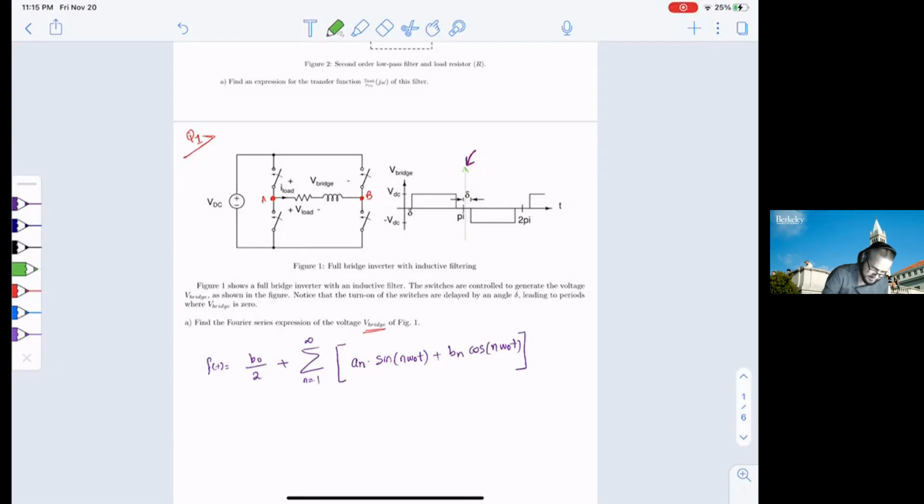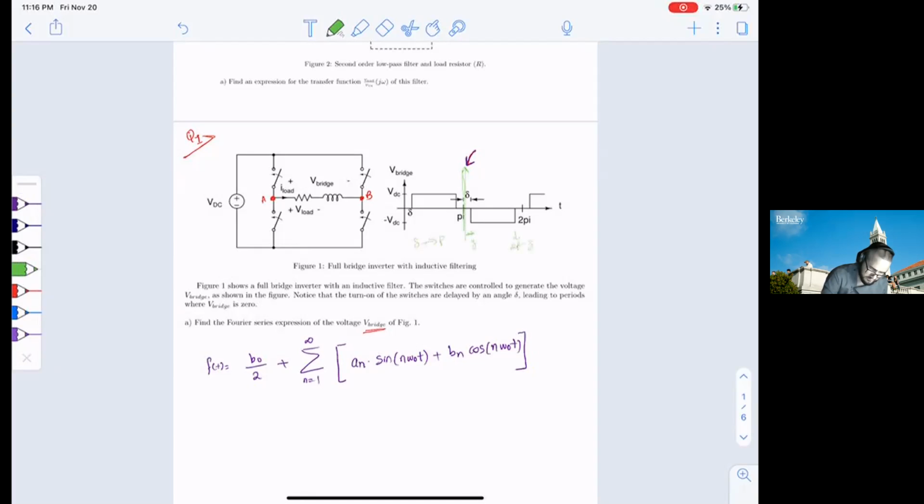We know that if we start from here and look to the right, we can see that it's mirrored and flipped. So we have pi over 2 like this as a positive VDC, and right here we have the same thing, almost 2 pi minus p.